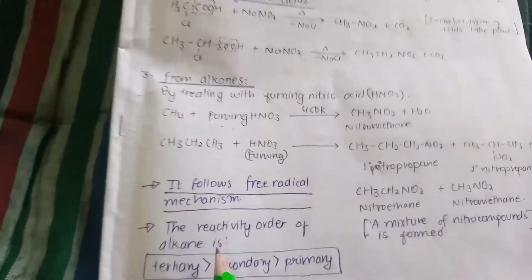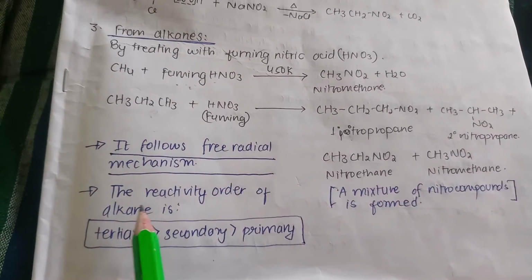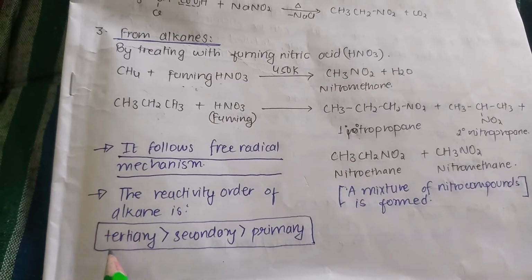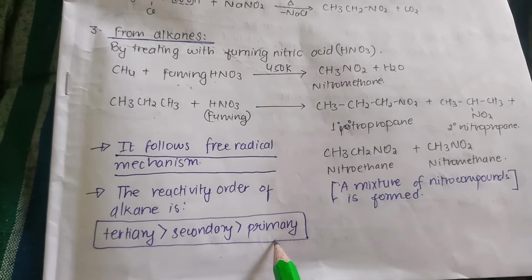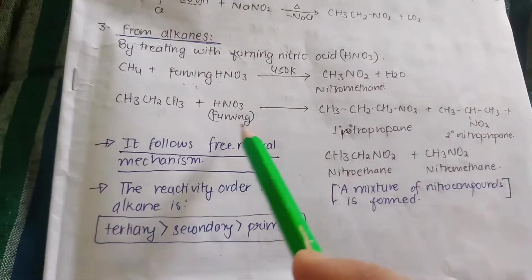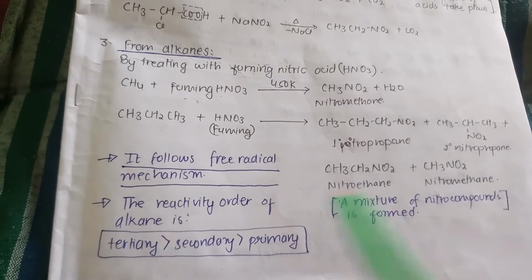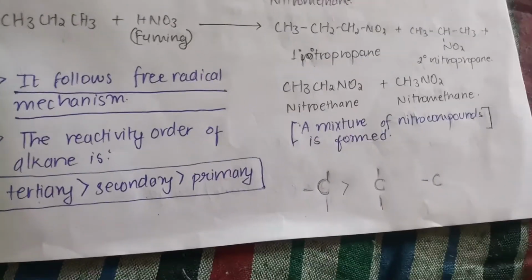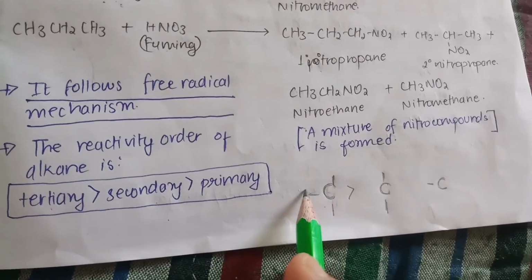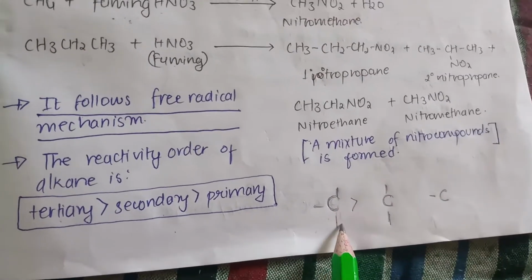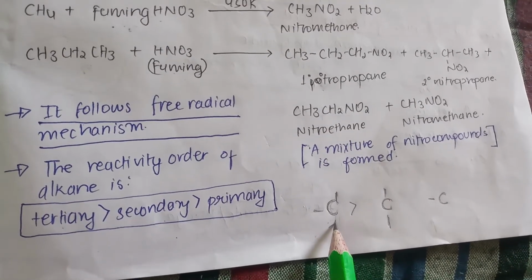And also the reactivity order of alkanes is tertiary, which has the highest reactivity, followed by secondary, and finally primary. The tertiary alkane is more reactive because it has 3 alkyl groups, and these alkyl groups can donate electrons.